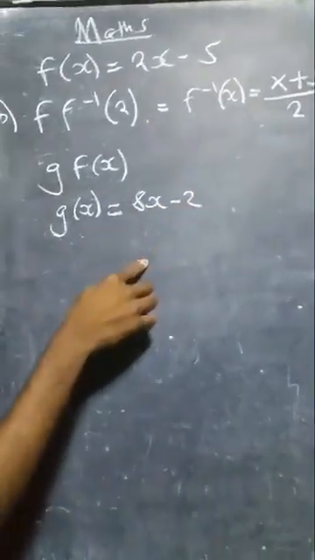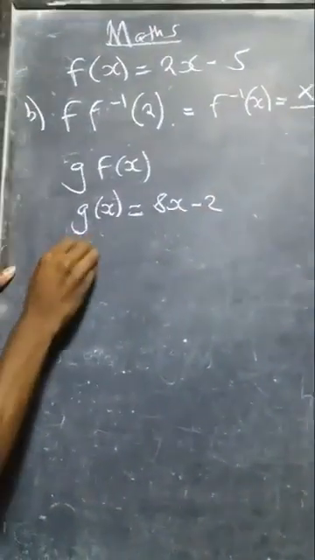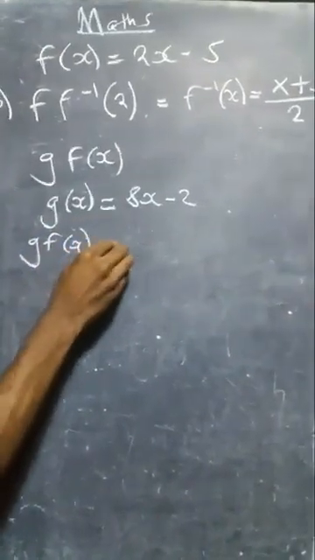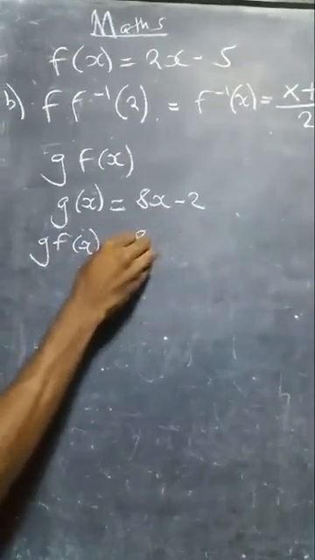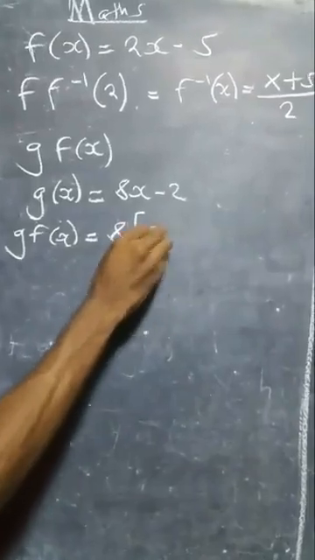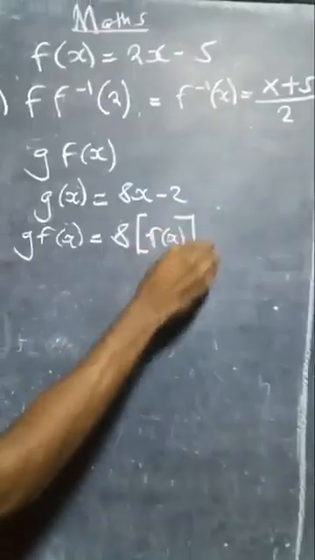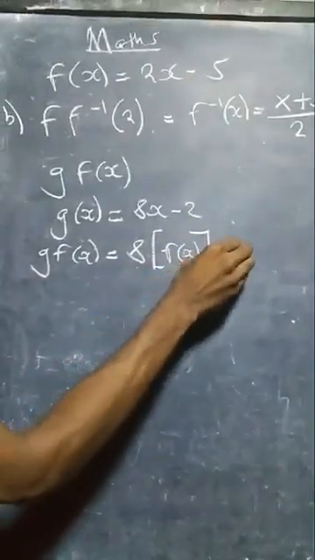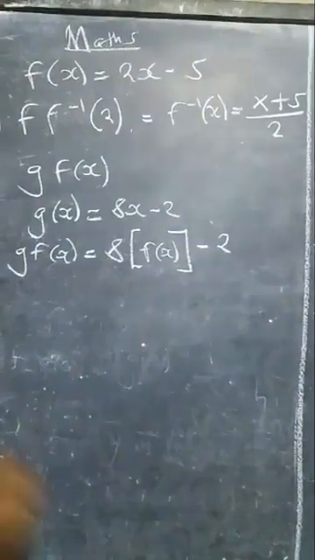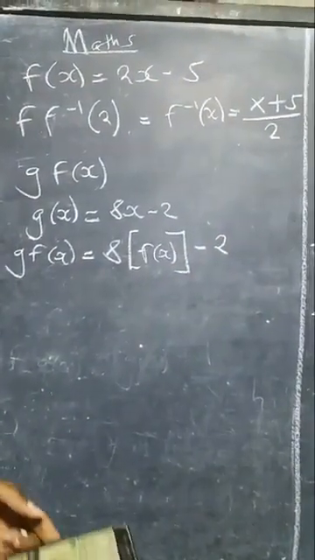That means gf of x is equal to, where there is x there, put f of x, then minus 2.